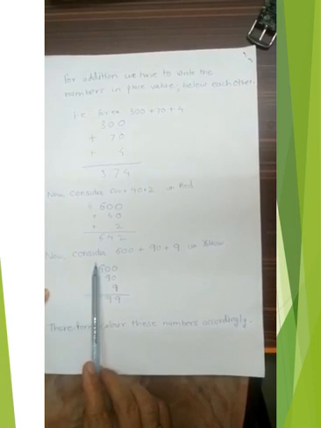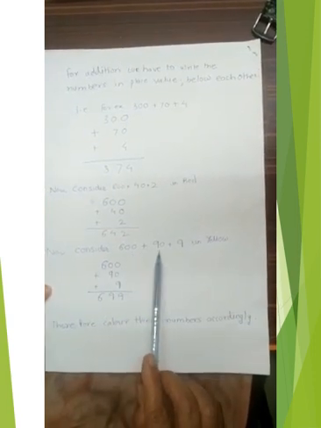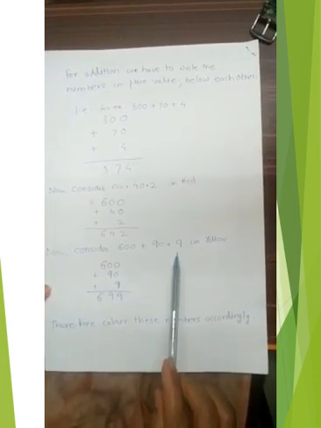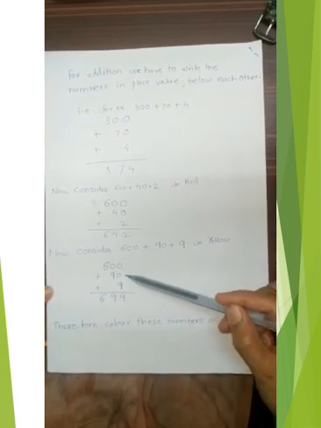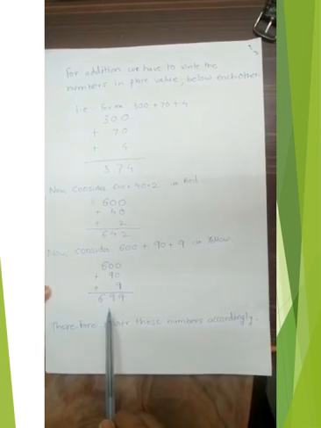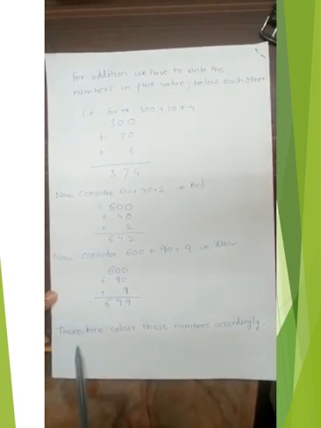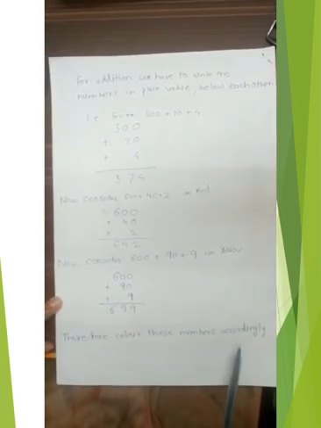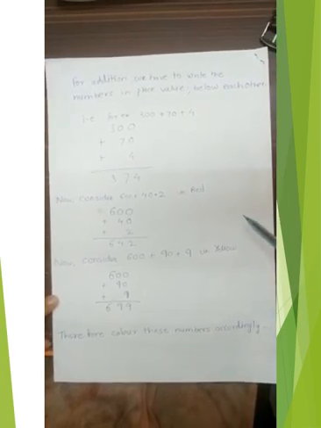Now consider 600 plus 90 plus 9. 600 plus 90 plus 9 is equal to 699. Therefore, color these numbers accordingly. Red, yellow.